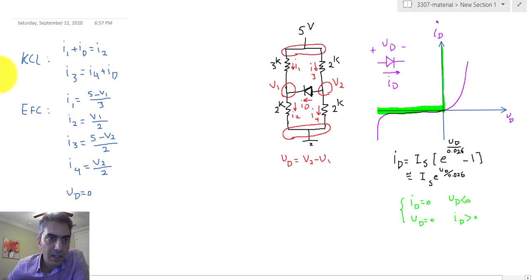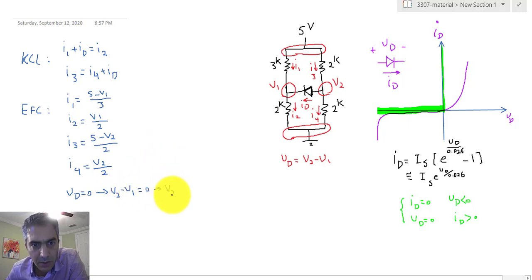So once I solve this set of equations, the test for the truth of the assumption is whether ID turns out to be a positive number. Let's see if that's the case. VD being equal to 0 means V2 minus V1 is equal to 0. In other words, V2 and V1 are equal to each other.